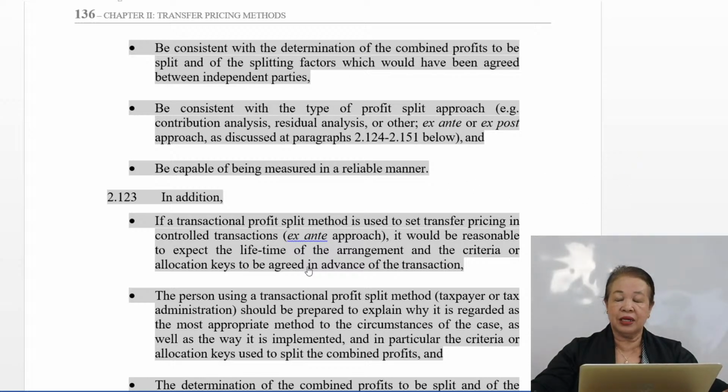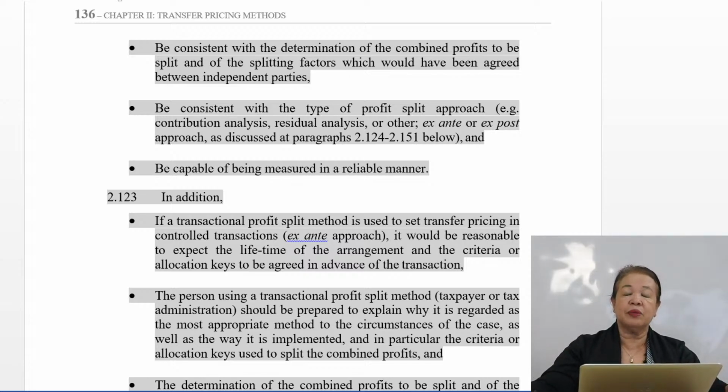So, gagawa ng valid basis kung ano yung ginagawa ng independent parties, yun ang i-adapt ng related parties in splitting the profit. So, hindi pwede na cost plus reimbursement of expenses lang. Hindi pwede yon. Bakit? Kasi pagka reimbursement of expenses lang, walang kita yung country na kung nasaan man yung isang related party, no? So, wala siyang kita, wala siyang makolekta na tax, which should not be. Why?